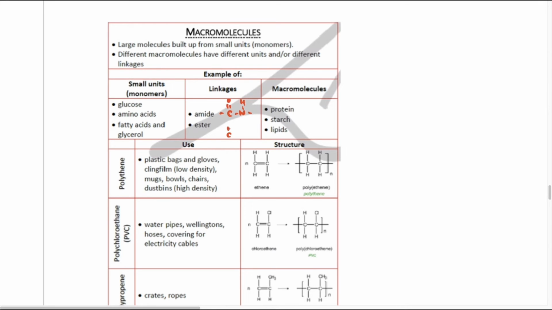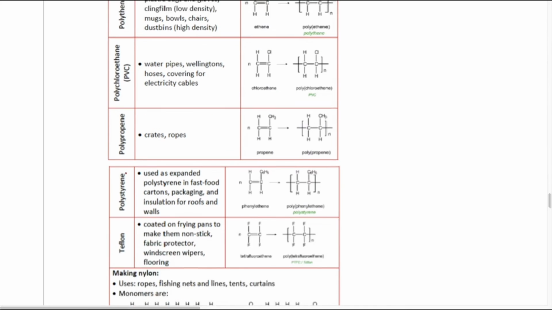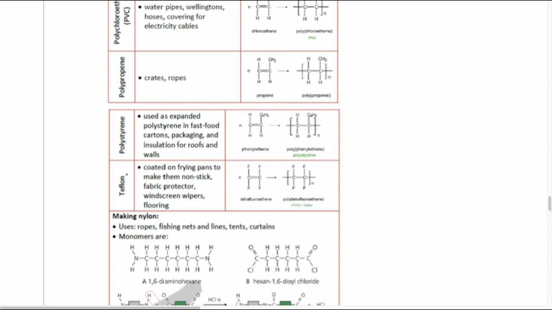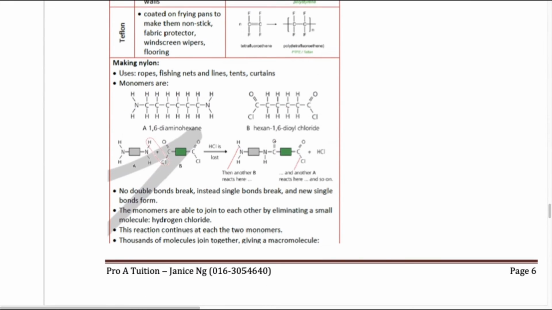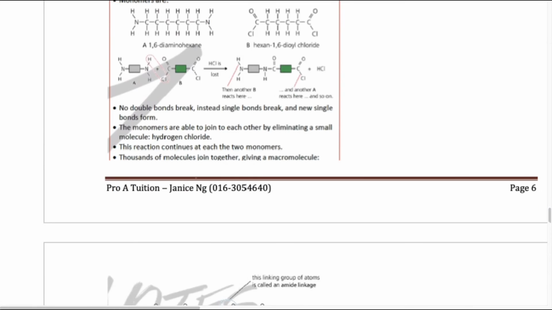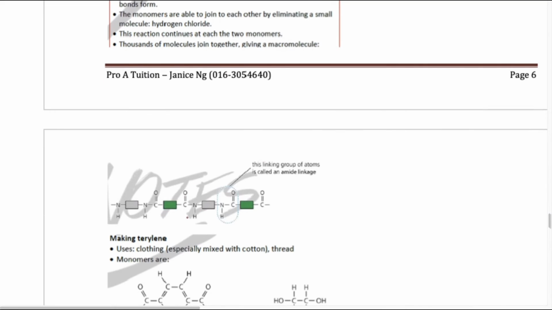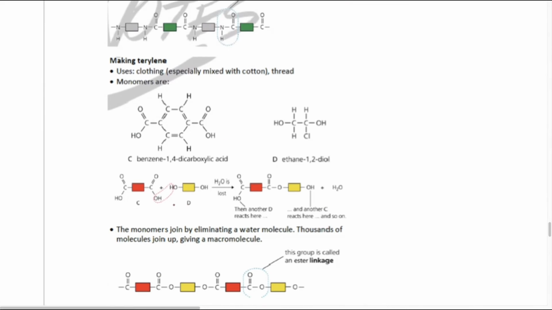Ester is C double bond O and O. So the structures of the linkage look different. Let's say this one, CONH, amide. Let's see another example. Amide, CONH. COO, ester. So this is ester.